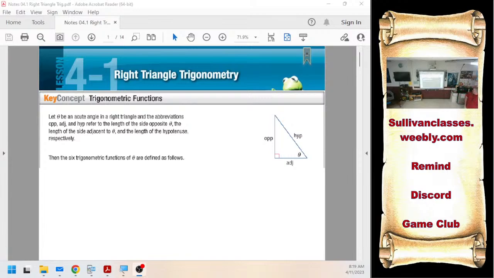we have review on right triangle trig. I had told you for a couple of weeks now that you've got to know your special right triangles, SOHCAHTOA. The whole first section is basically that chapter of geometry.